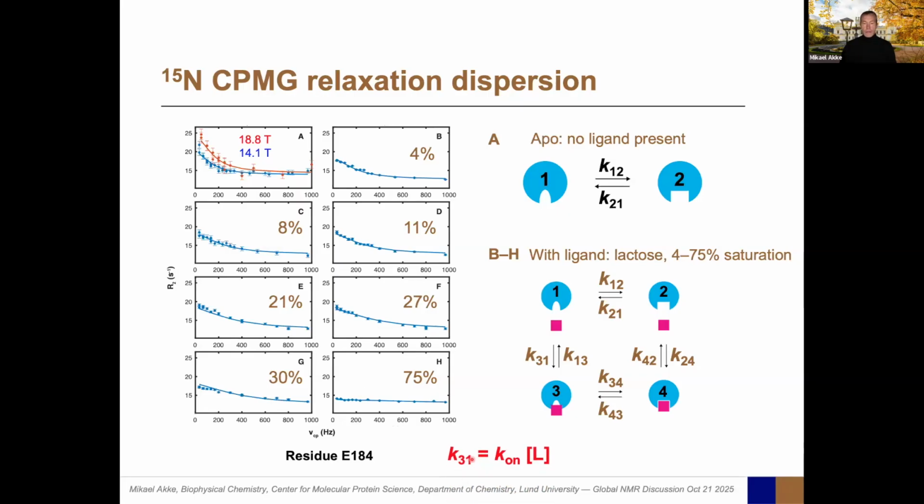You may imagine that, for example, the on rate here, this rate, k31 from state 1 to 3, is a diffusion-limited on rate, and that's scaled by the ligand concentration. So when we add more and more ligand, this process becomes faster and faster, and in the limit, which we hit here already at 75%, it's a perfectly flat dispersion, and there's no purpose going any higher. But it turned out that that's enough. We can actually fit a lot of data with all of this here.